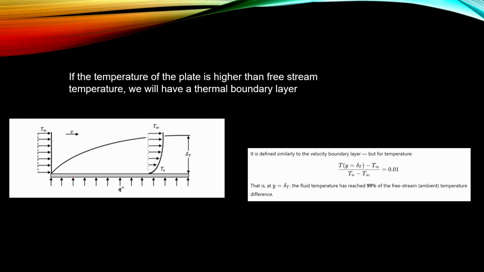If we have a temperature difference between our plate and the incoming fluid, we will also have a temperature boundary layer. We define the thickness of the temperature boundary layer as the distance from the surface of the plate to the location where this temperature difference is 1%.